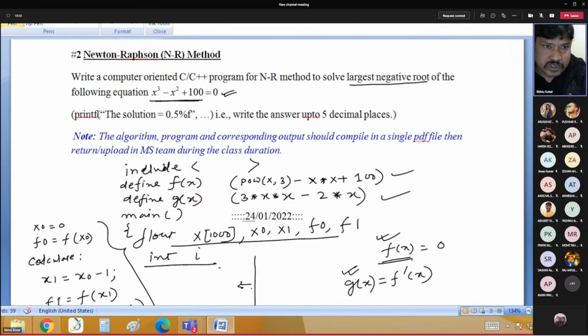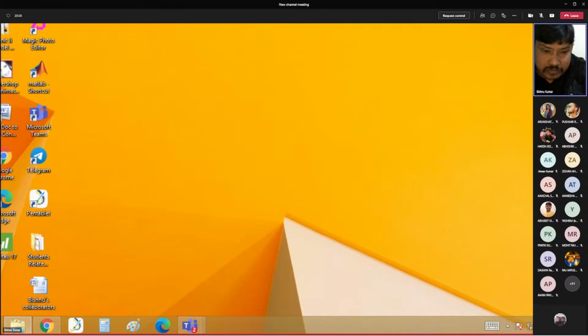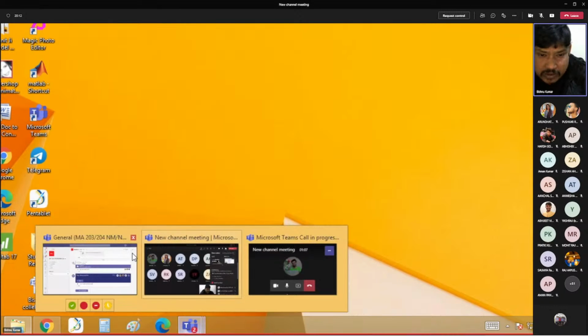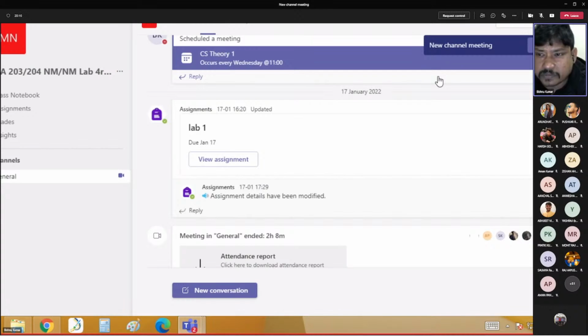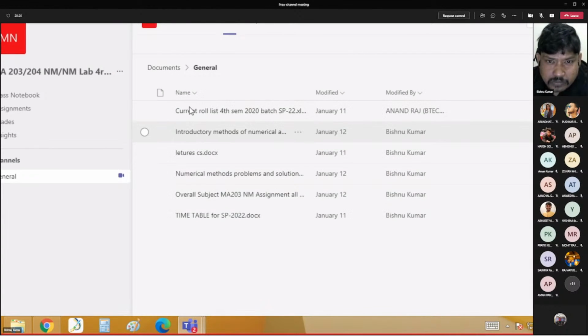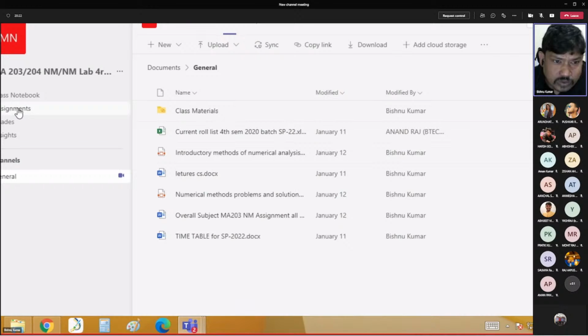This file I am assigning for you. It will be visible to you, and corresponding to that file you will return in that place. Okay.